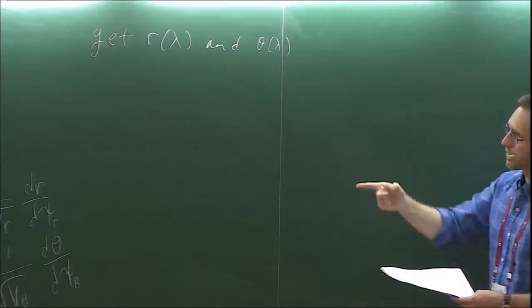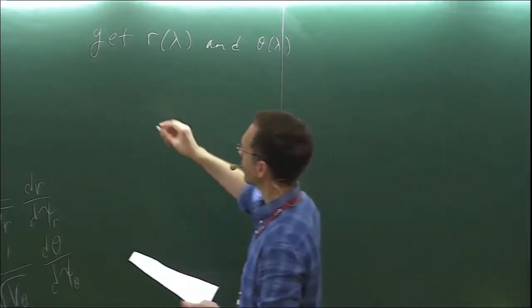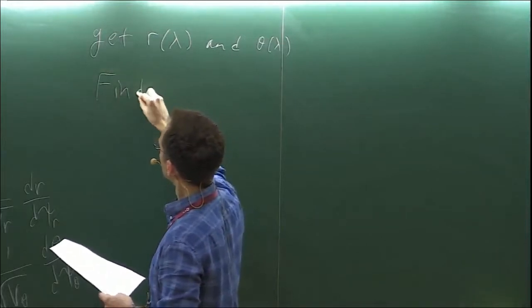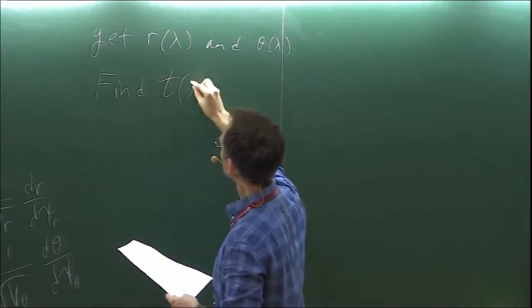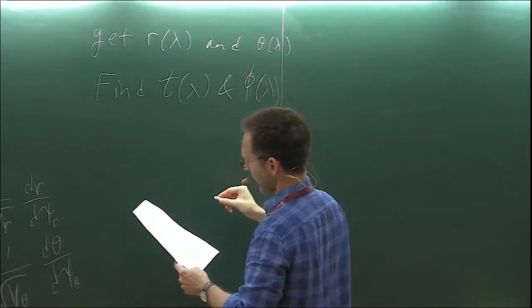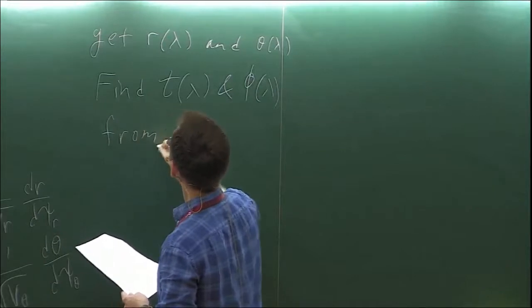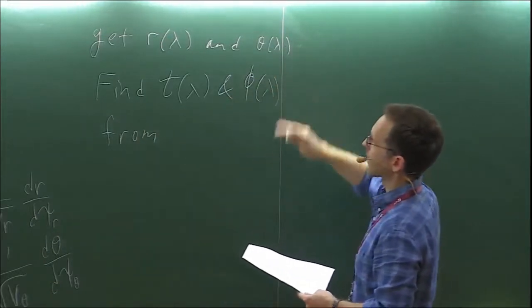Now we need also to get t and phi as functions of lambda. We need t as a function of lambda and phi as a function of lambda. But we get those from r as a function of lambda and theta as a function of lambda.